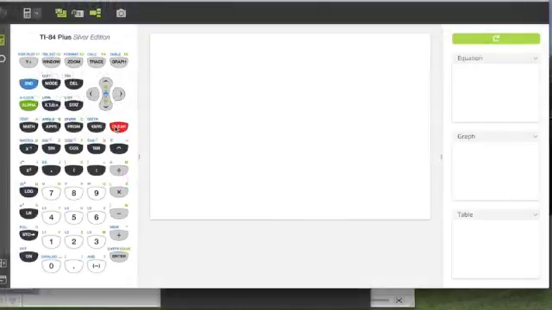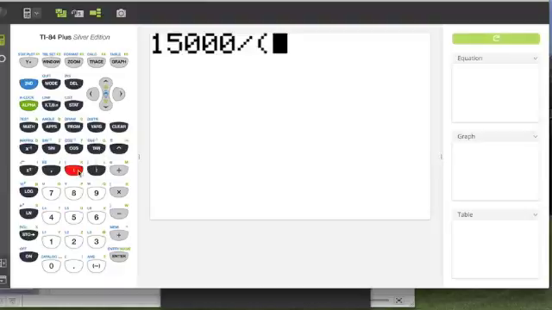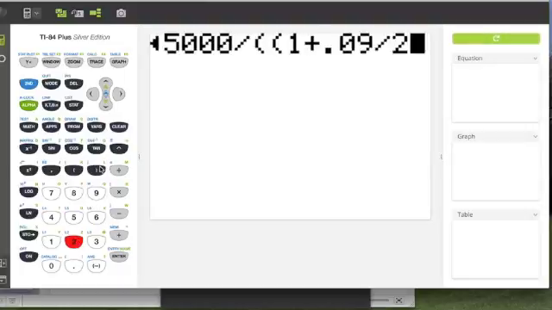We already told you the answer, but let's show you how to do that on the calculator. We're going to go P equals 15,000 divided by, we'll need parentheses down here. And I'm going to do a double parentheses. We'll see why. First, in the parentheses, we have our 1 plus 0.09, the rate, divided by 2, because we're compounding twice a year.